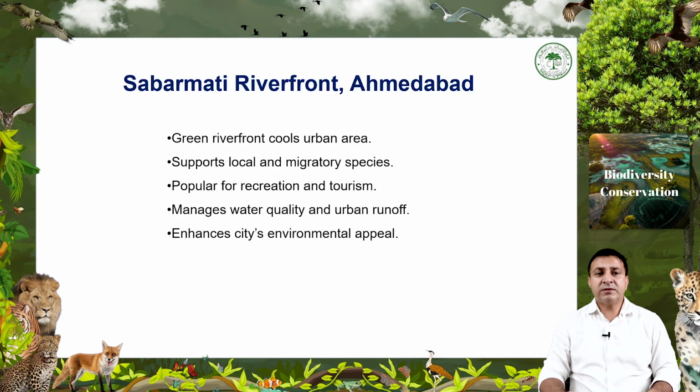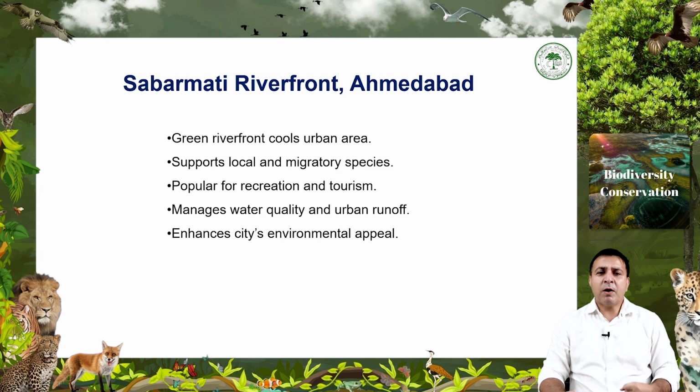Another is the Sabarmati riverfront, Ahmedabad. The Sabarmati riverfront development revitalized the river with green spaces and walkways, creating a cooling effect in the surrounding areas. This development provides habitat for local as well as migratory species, and also improves water quality and manages urban runoff.